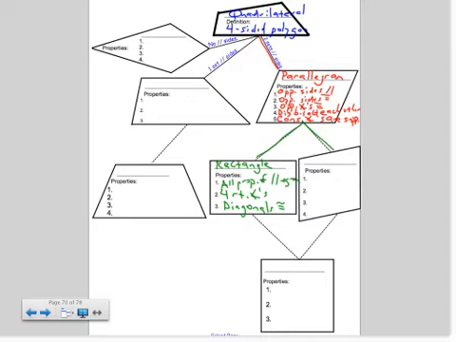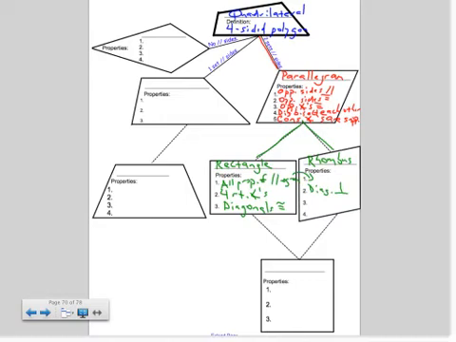So rectangle, you're a parallelogram with 4 right angles, and that means your diagonals have to be congruent. The second special type of parallelogram we discussed was a rhombus. First property, same deal: all properties of a parallelogram. Now there are 3 unique things about a rhombus that make it different than just any old parallelogram. The first is that your diagonals are perpendicular.